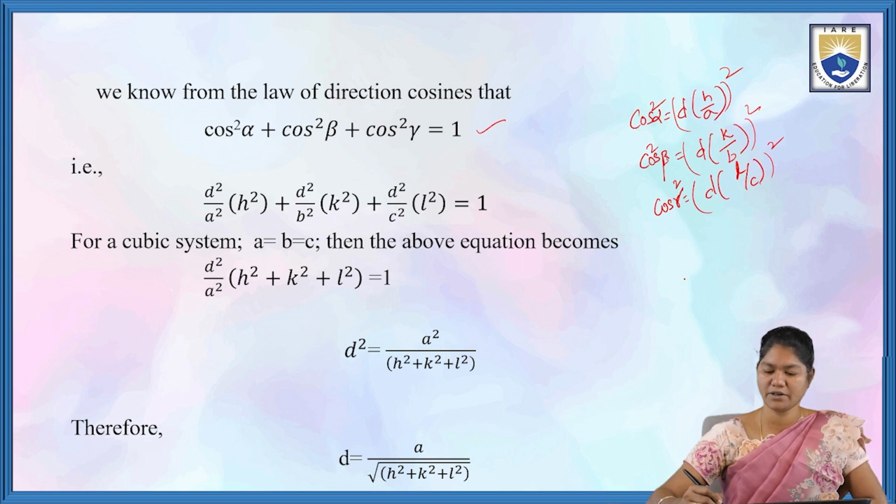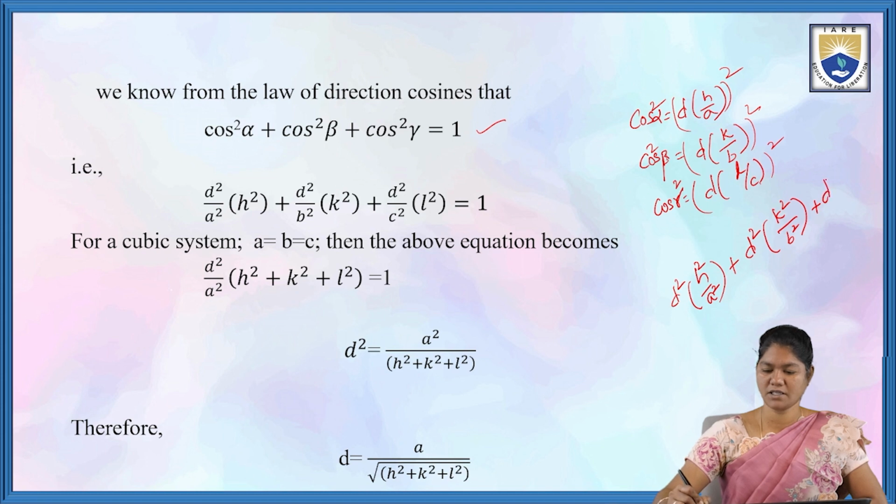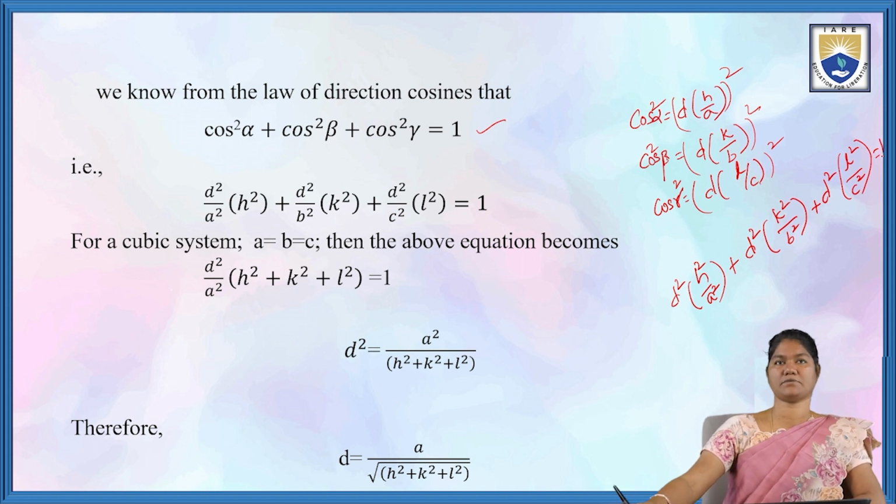So that the value will become d square h square by a square plus d square k square by b square plus d square into L square by c square is equal to 1.